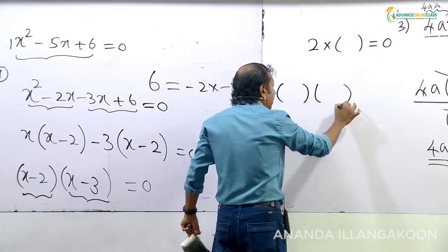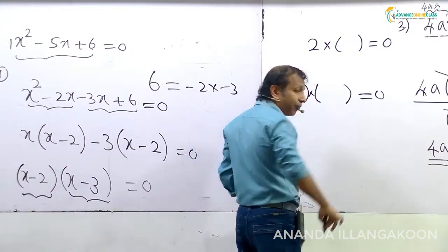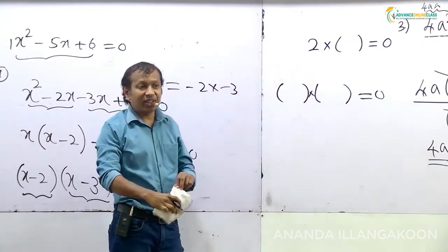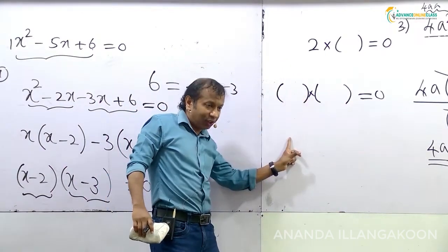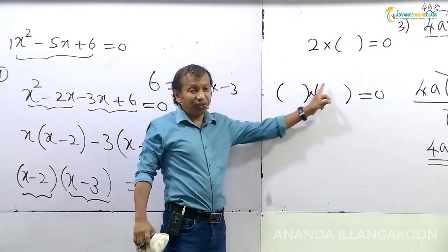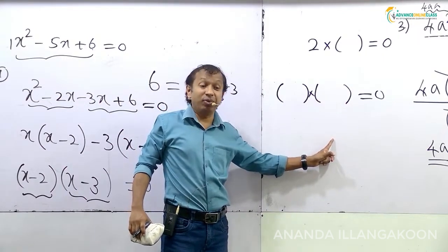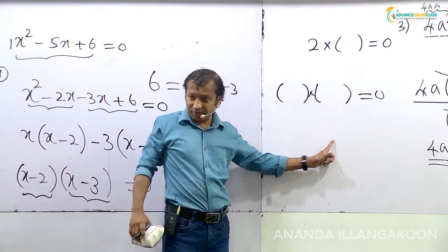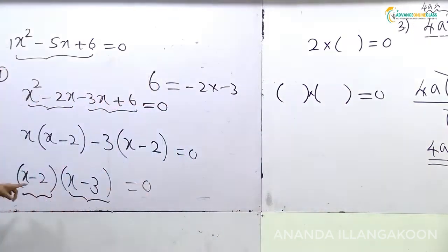It is multiplied by another number. The product of those two numbers is again 0. Then tell me, what are the possibilities for this number and this number? Either this is 0, or this is 0, or sometimes both can be 0. Am I correct? That logic we apply here.